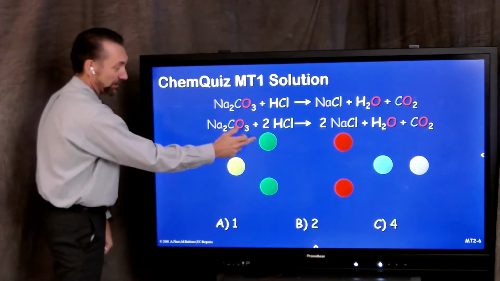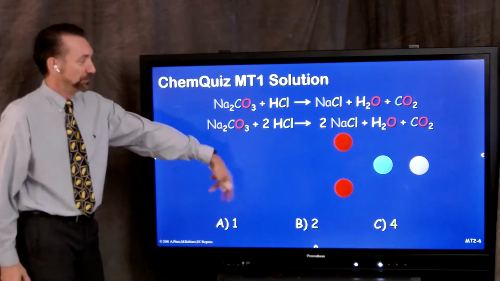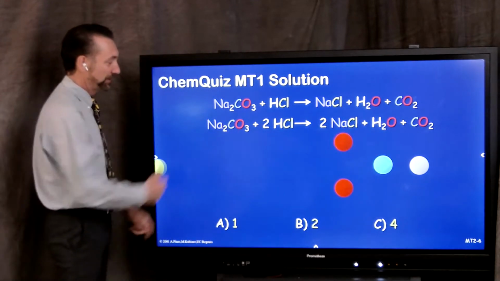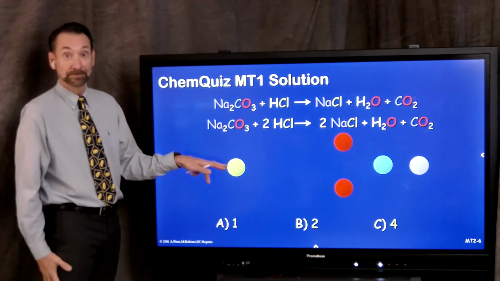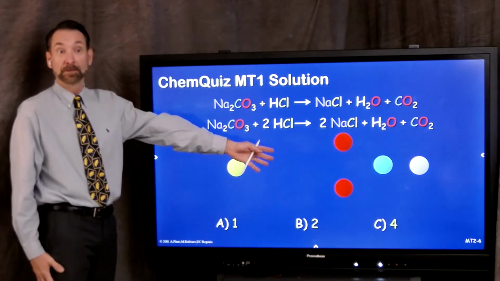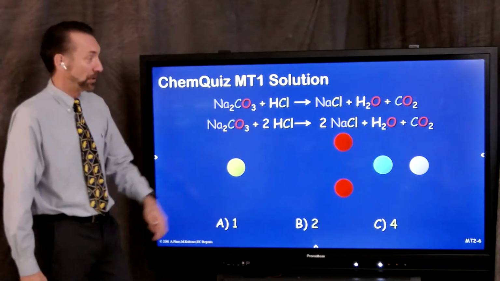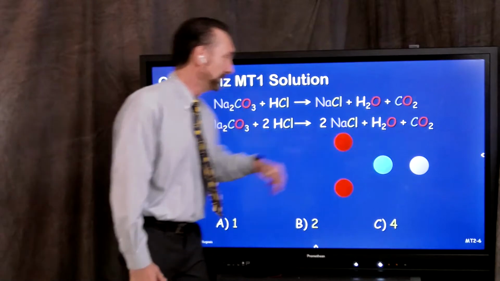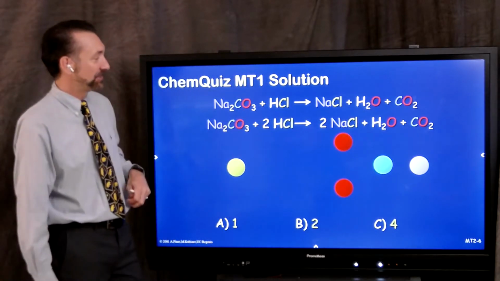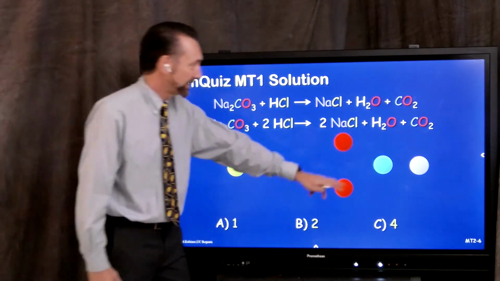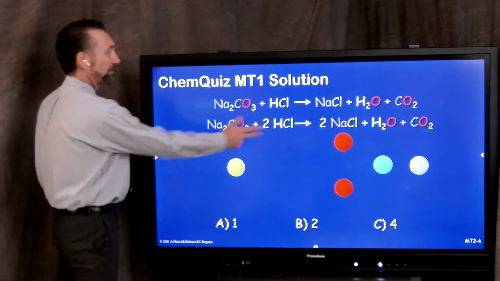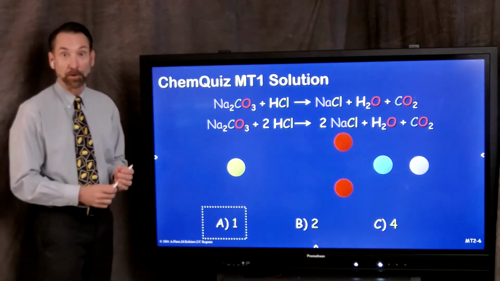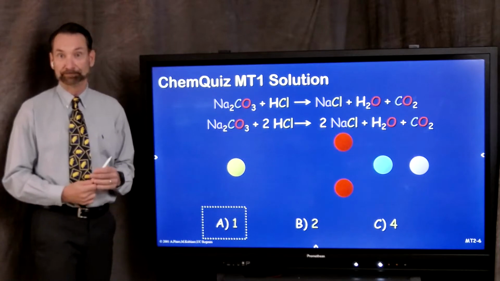But then you're done. So you've used up everything there. You still have your second mole, but no HCl to react with. So the reaction is limited by the HCl. When it runs out, we stop. So we stop after having produced just 1 mole of carbon dioxide.